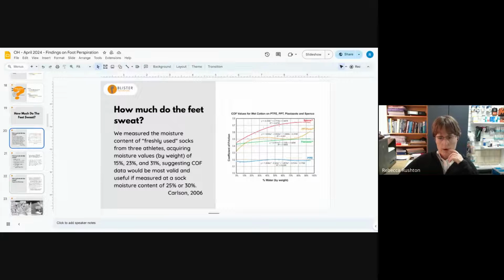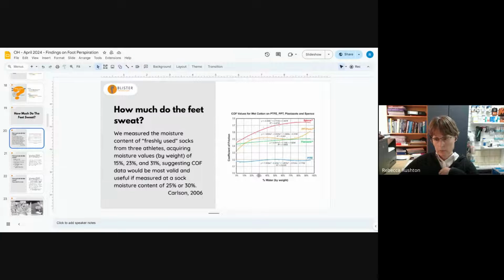The graph on the right is where they got a cotton sock and gradually increased the water content from 0 to 100%. And you can see the differences in the coefficient of friction on the y-axis here. So 25 or 30% is this line here.